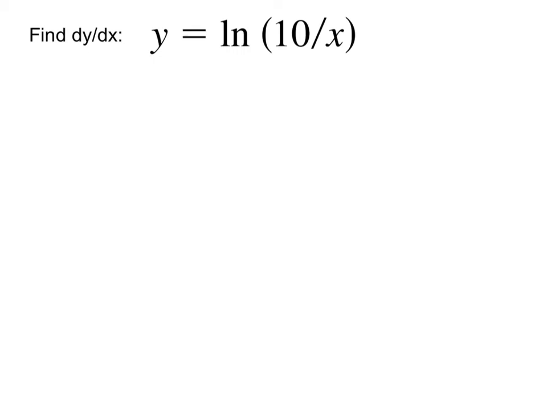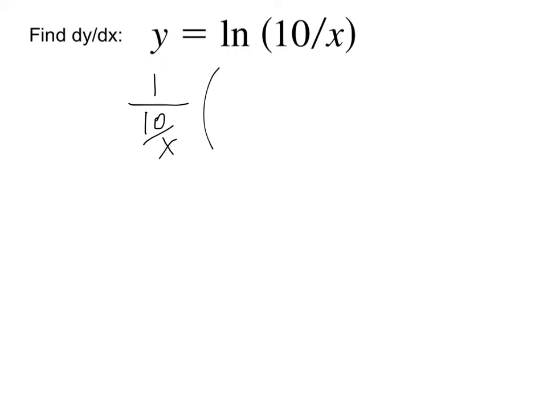Okay. The derivative of natural log is 1 over x. This time we have 10 over x, so this would be 1 over the outside, leave the inside alone, times the derivative of the inside.